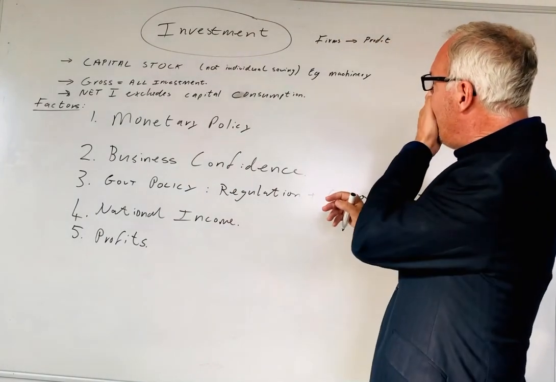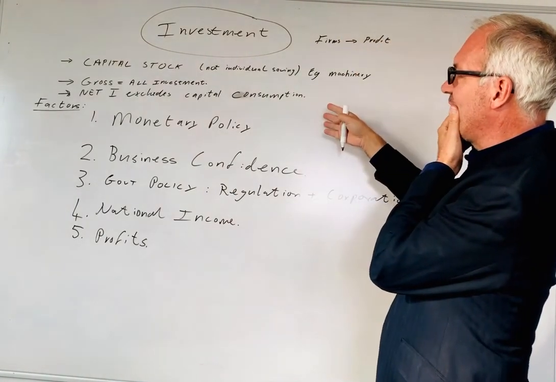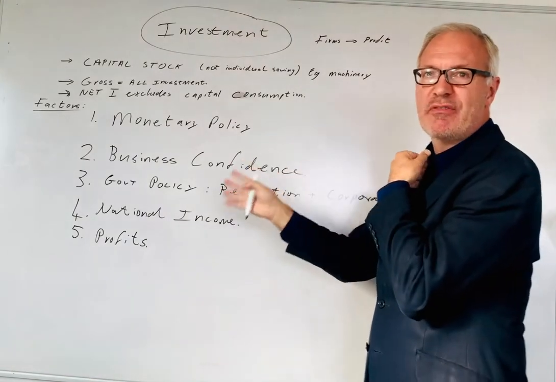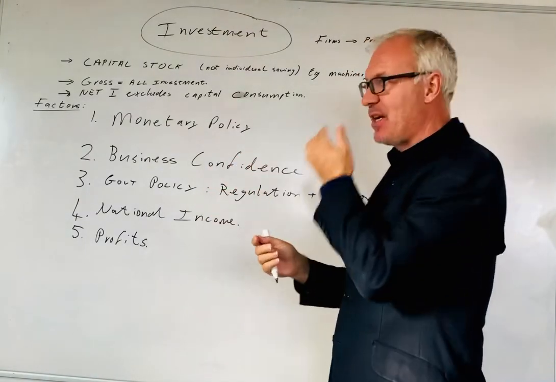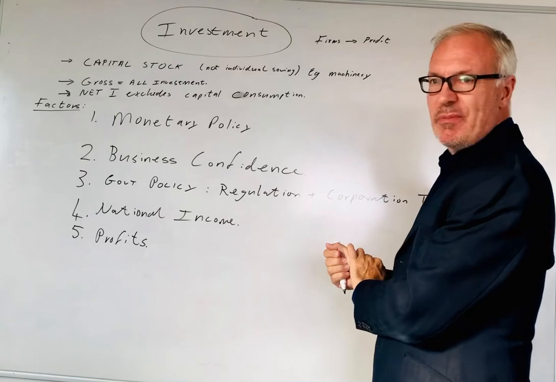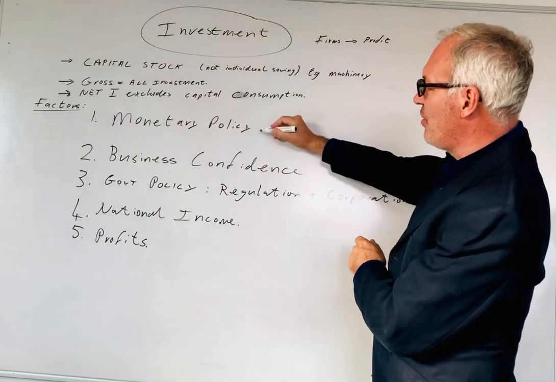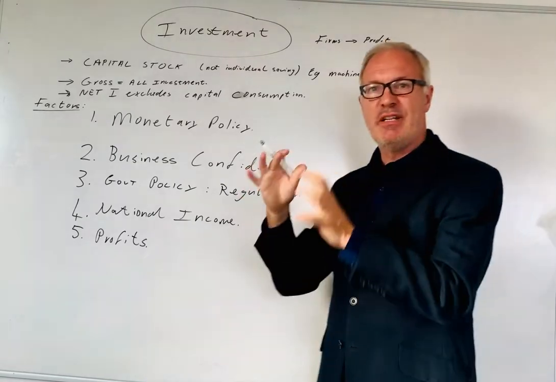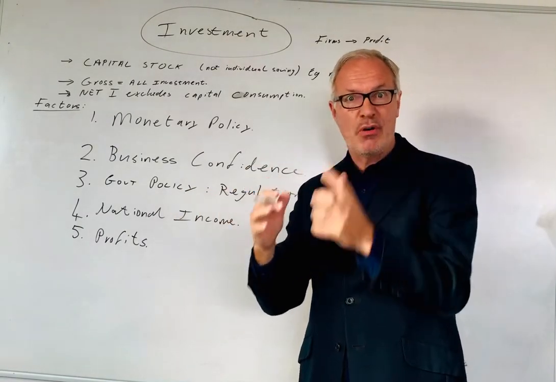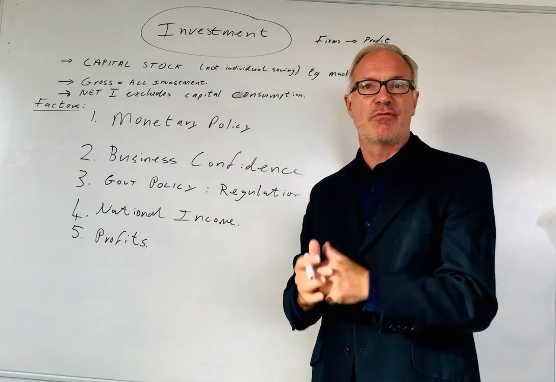Okay, so firms undertake this investment. What determines the amount of investment that takes place in a country? It's often about 10 or 20% of aggregate demand. So first off, monetary policy. Many firms to invest borrow from credit markets, from banks.